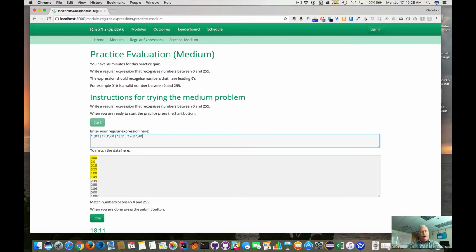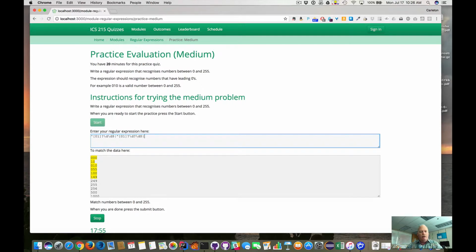So now if I had a 5, that would match a 5 with the last digit. So we need to have at least one digit. Okay, so that takes care of all the numbers between 0 and 199.